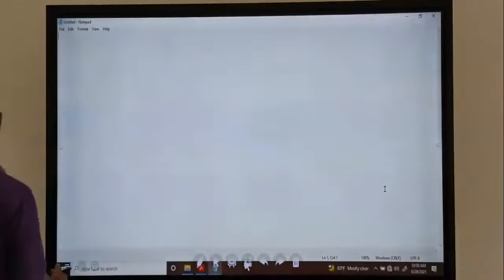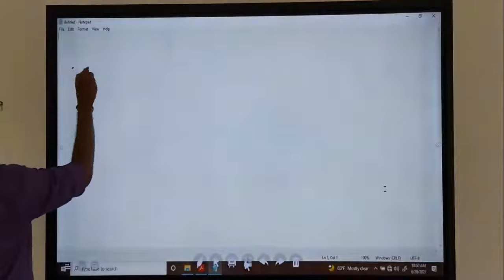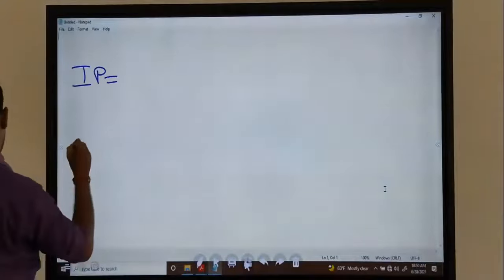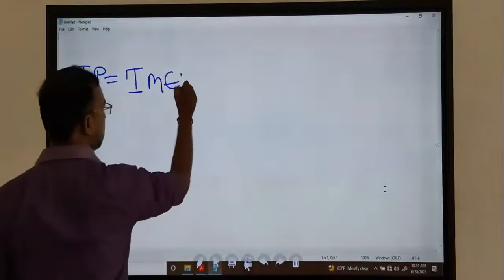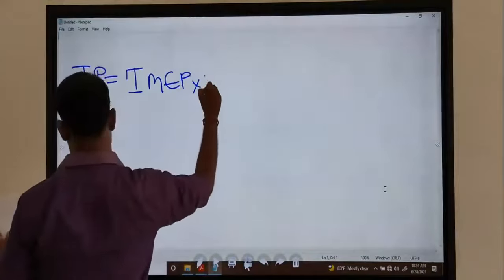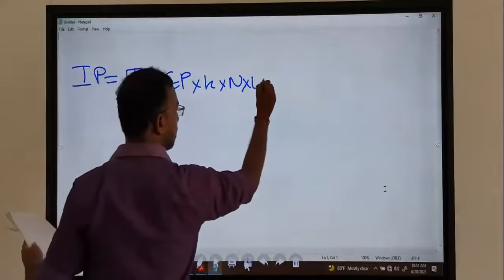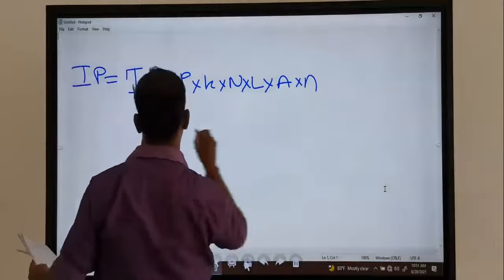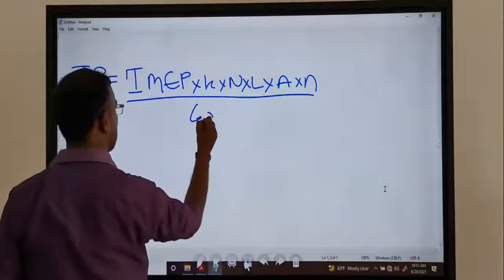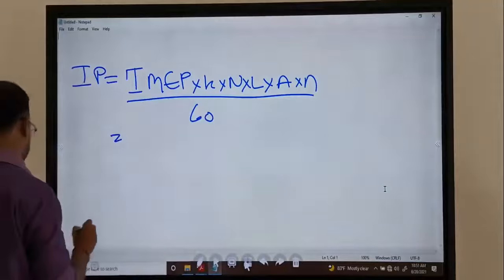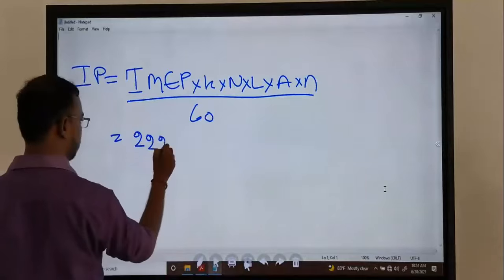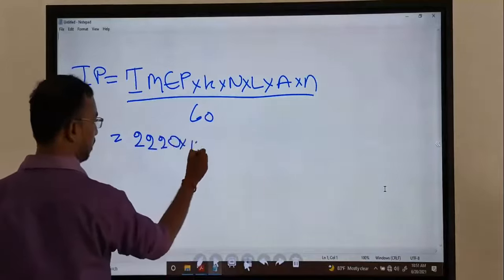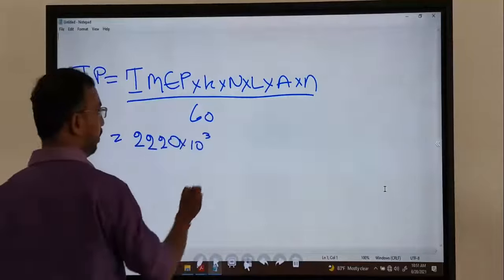So the same thing we have already done. The indicated power equation we already know. So 10 to the power 3 for Pascal.